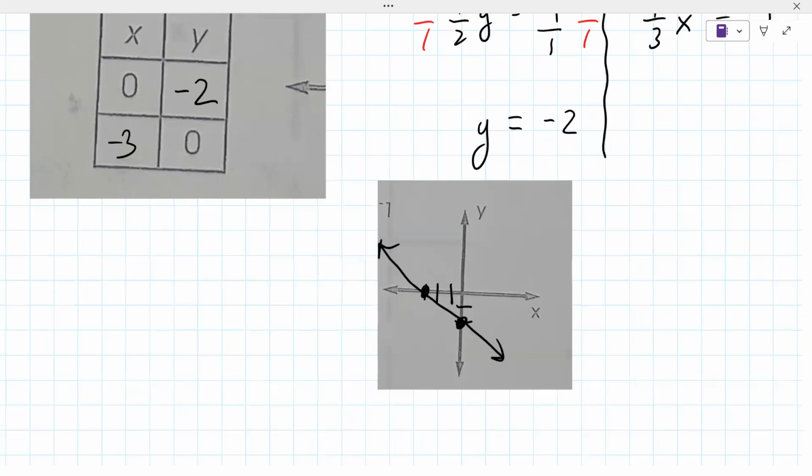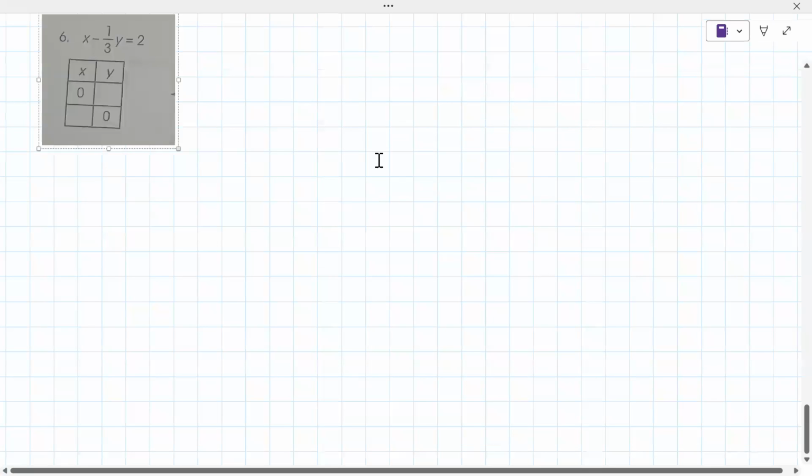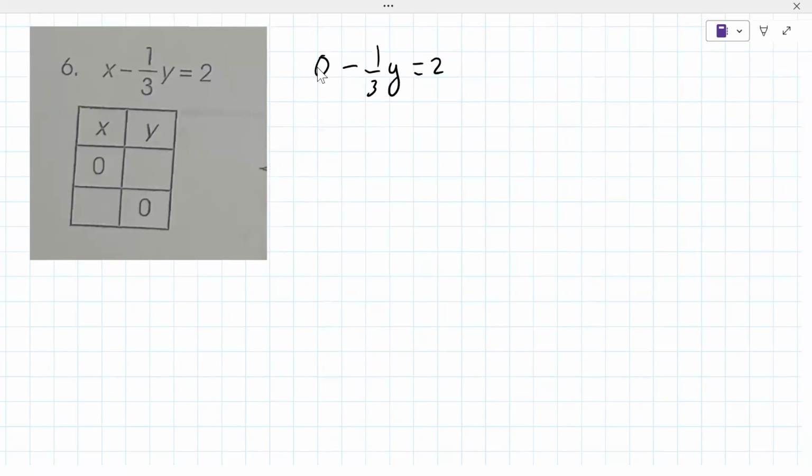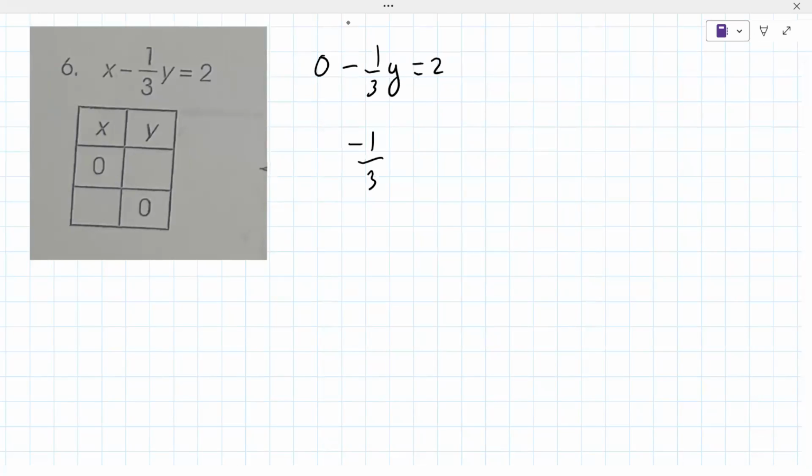All right, go back to number 6. Okay, so when x is 0, minus 1/3 y equals 2. Very, very important that this negative goes with it. So it's really negative 1/3 y equals 2.